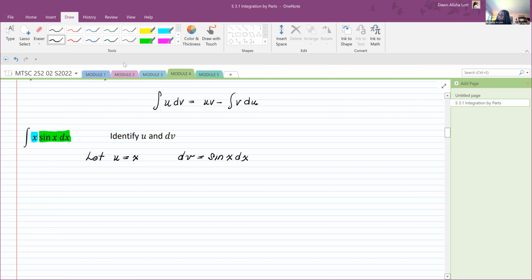So we have u identified and we have dv identified. Now from this, we need to find du, which is simply dx. And we need to find v, which means we integrate sine and we get negative cosine. And we don't have to worry about the constant because the constant falls out in the problem.